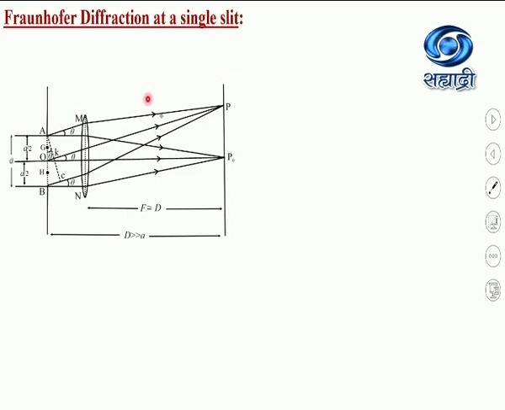Now, to obtain the path difference between different waves which arrive at point P, we draw a perpendicular from point A on all the rays originated from different points of AB. So AC is the perpendicular drawn to all the rays.